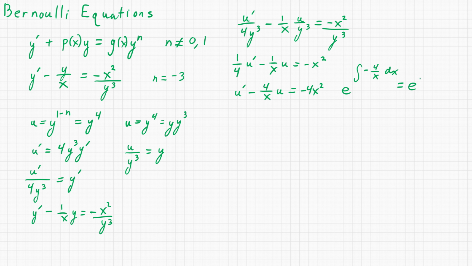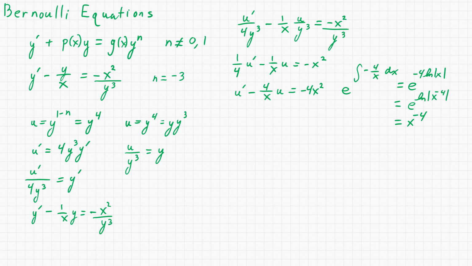Well, that ends up equaling e to the negative 4, 1 over x turns into natural log absolute value of x. And then you can combine that into e to the natural log absolute value x to the negative 4th. We could drop the absolute values for the integrating factor, and we can cancel out the natural log, and then it ends up just being x to the negative 4th. We also lost the plus c, but we can ignore that for the integrating factor. So our integrating factor is x to the negative 4th.